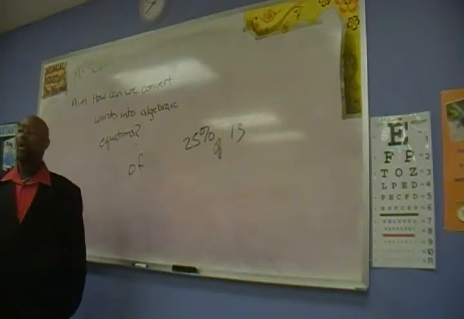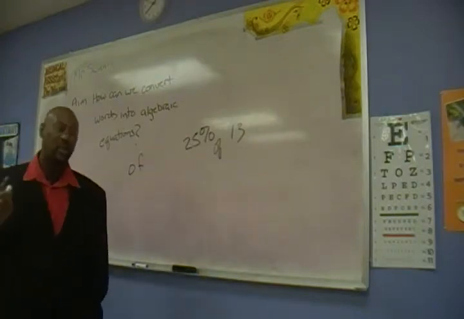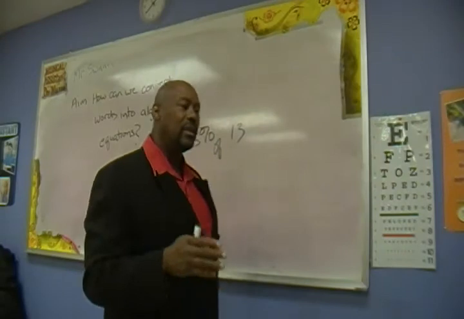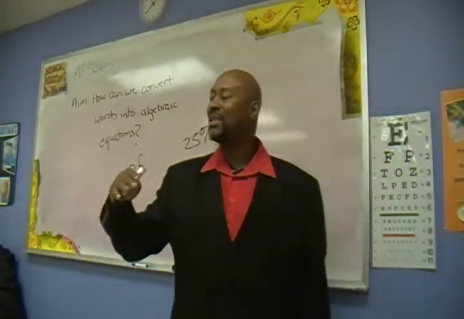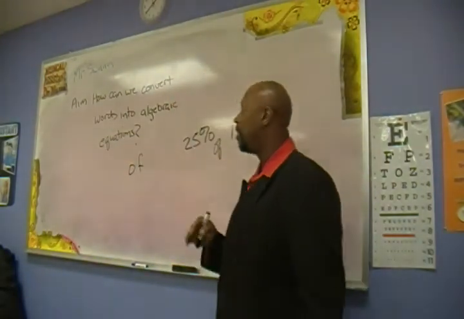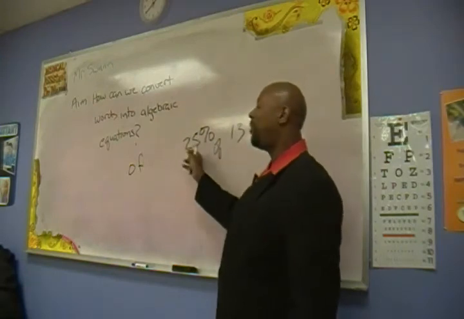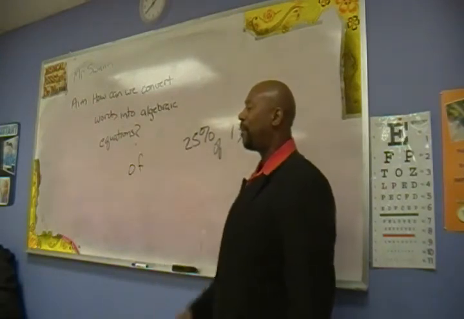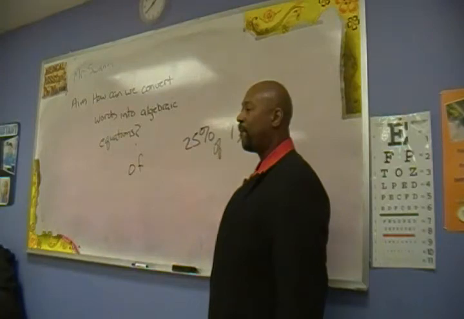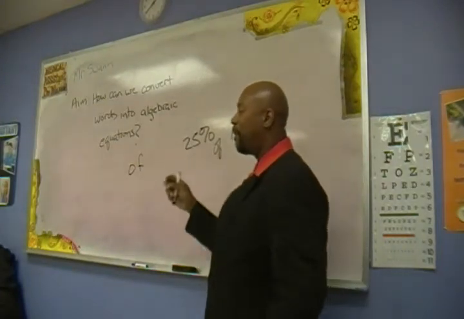Multiply by 100? Remember something that I told you guys previously, that fractions, percentages, decimals, all the same thing. So 25%, if we make that a fraction, what is that? 1/4. It's a quarter.